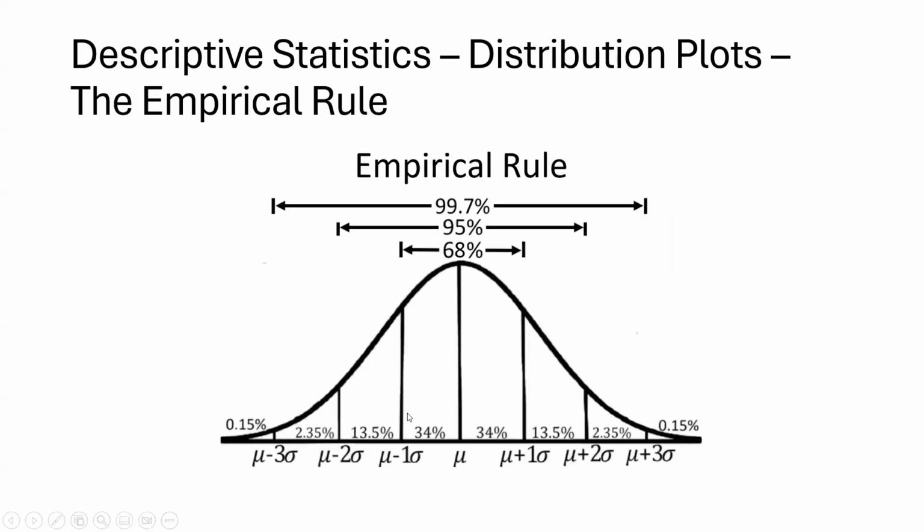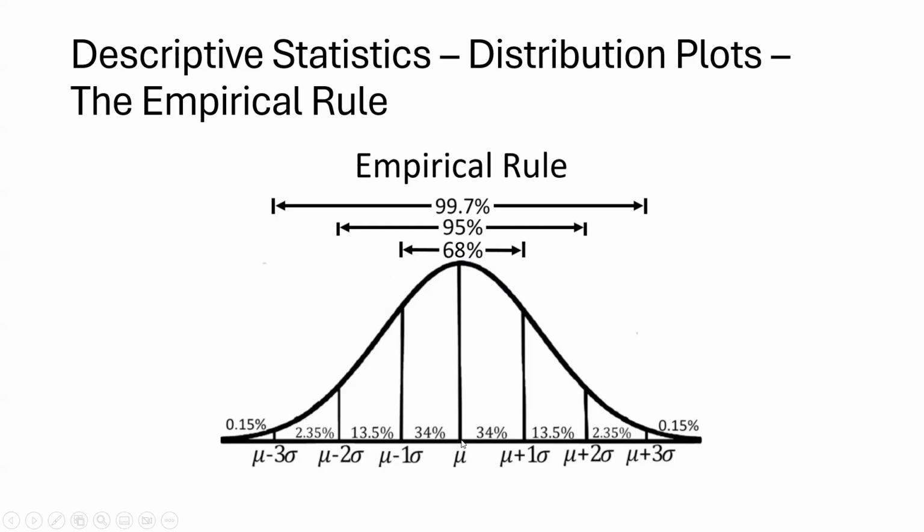And here is the empirical rule which we are going to be using very frequently. These are some symbols that we are familiar with, but we can recall. This is mu, which is the mean. This is sigma. This symbol is the standard deviation. And here, this is a symmetric distribution, and the mean is in the center.